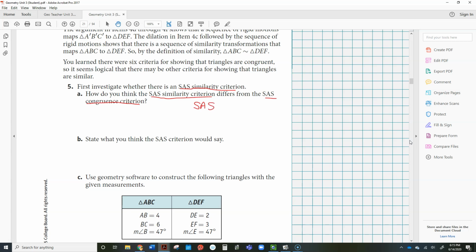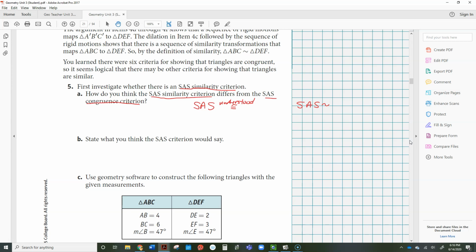When you just see side angle side with nothing after it, it's understood, and maybe it shouldn't be, to mean congruency. But how hard would it be to put the congruent symbol after side angle side? If you see side angle side and it has this similar sign after, then that's side angle side similarity.